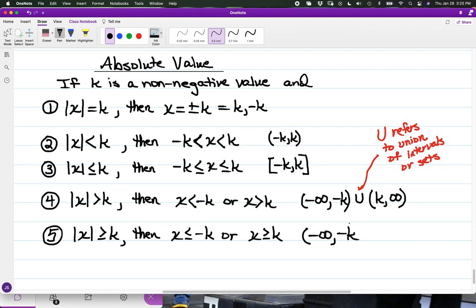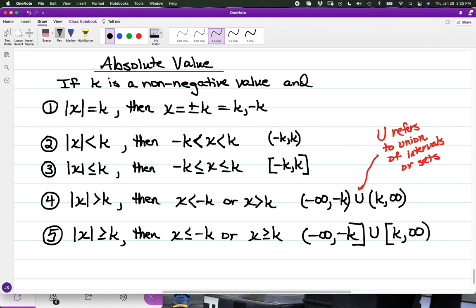So the negative k is going to be in the brackets, and you have the union with the upper half set, going from and including positive k, all the way out to infinity.